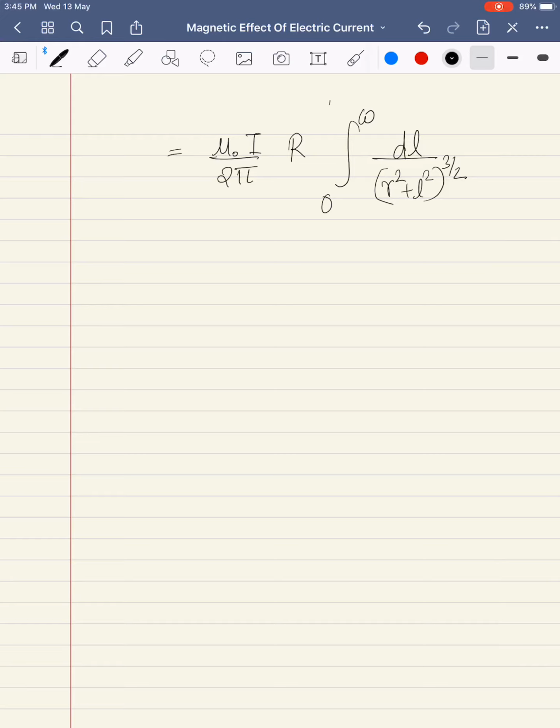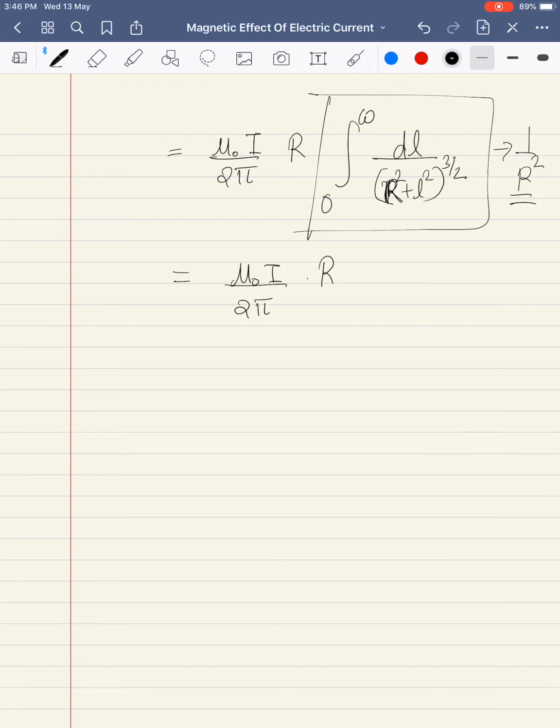This value of 3 by 2 will be equal to 1 upon capital R square. So we'll say mu naught I by 2 pi into capital R into 1 upon R square.